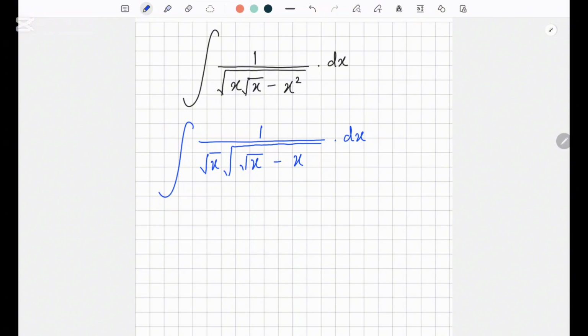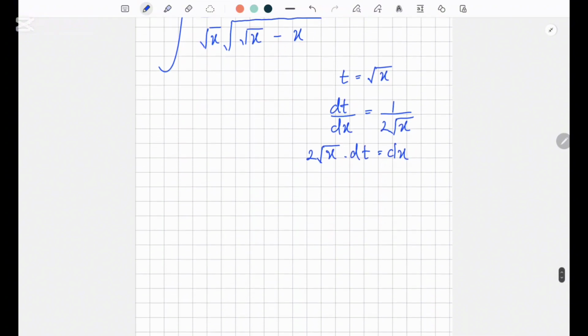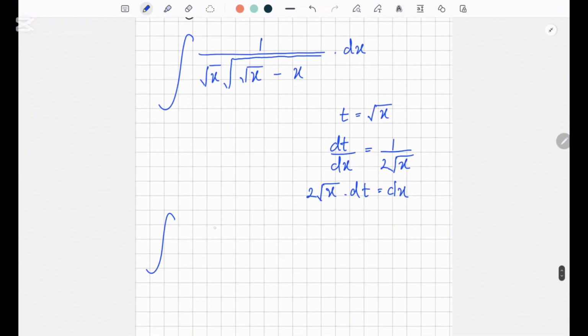Now take the substitution t equals root x. So dt over dx equals 1 over 2 root x. Easy, right? So 2 root x dt equals dx. Going back to the question, it's 1 over root x into root x minus x dx.